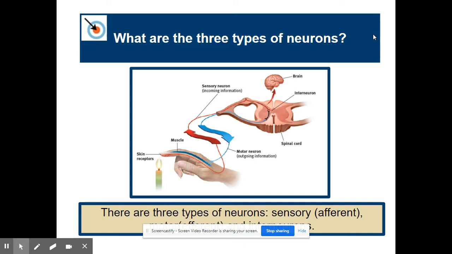As you can see in this diagram of touching something that is very hot, it sends that from the sensory neuron all the way through our motor neurons to our interneurons and back.